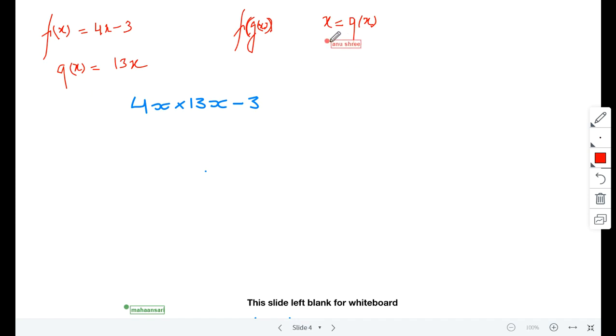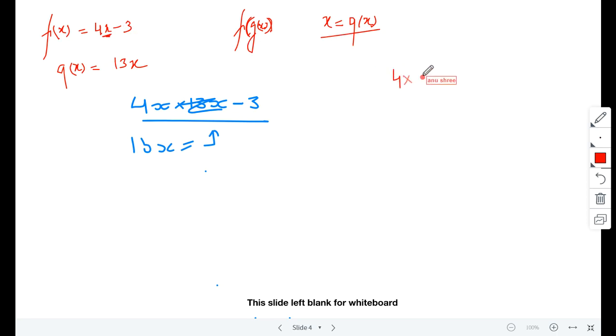X is equal to g(x), which means you have to put g(x) right there in place of x. So it will give you 4 multiplied by g(x) minus 3. Is this clear?